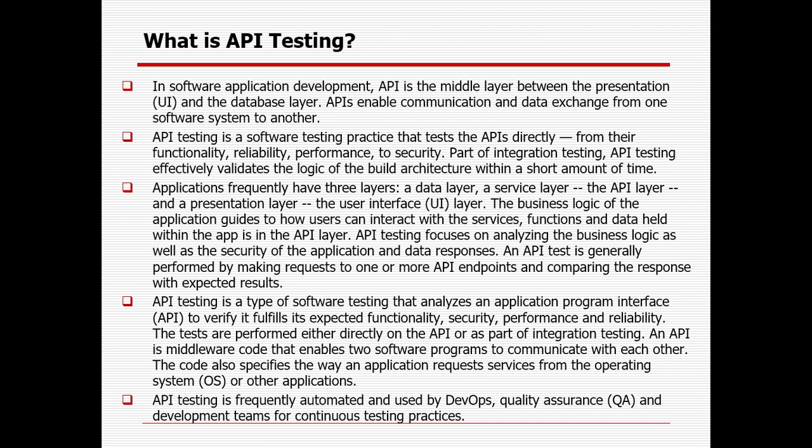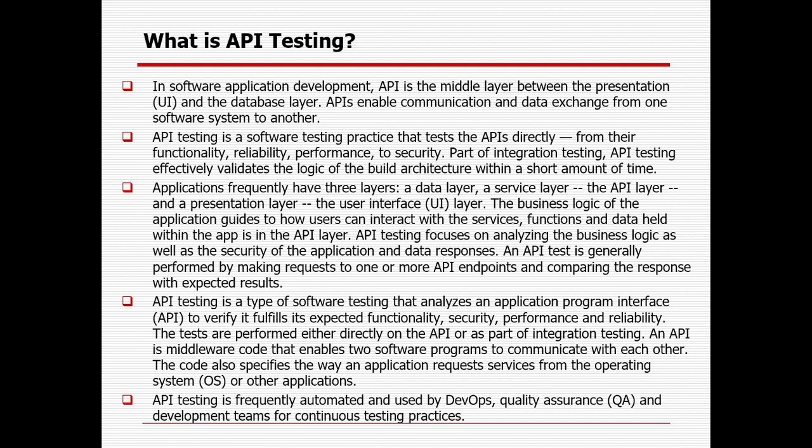A data layer and a service layer, both of which are called the API layer, and the presentation layer, which is nothing but the user interface layer. The business logic of the application, which guides how users can interact with the services, functions and data held within the app, is in the API layer. So API testing focuses on analyzing the business logic as well as the security of the application and data responses.